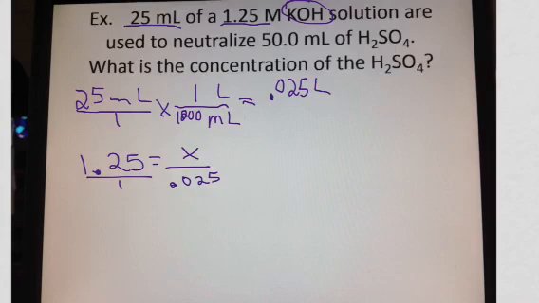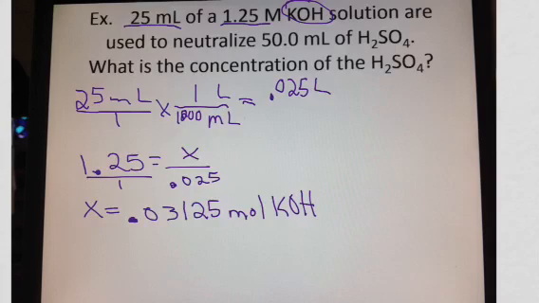So your algebra skills again, be careful with those. And I am getting 0.03125 moles. And that's your KOH.